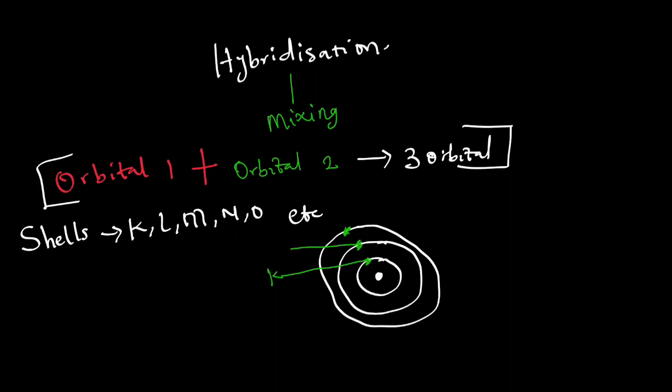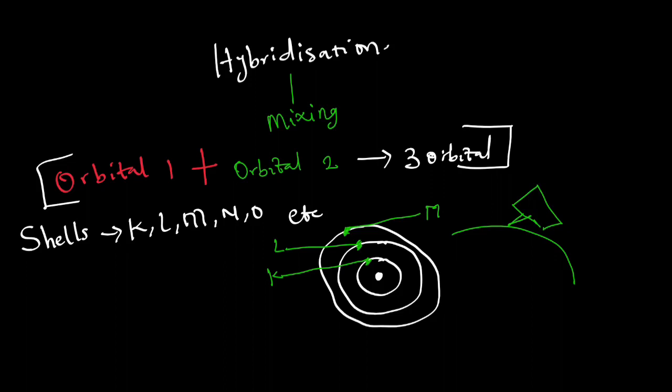For instance, this one is the K shell, this particular one is the L shell, and this is the M shell, and on and on like that. Let me try to zoom into this shell, though it's not possible. In this shell, we have what is known as the subshell.